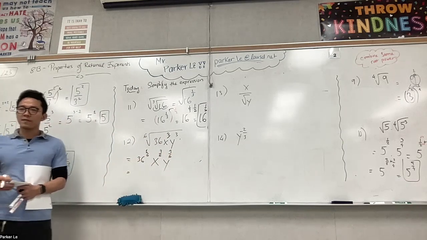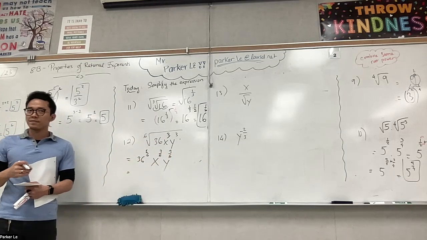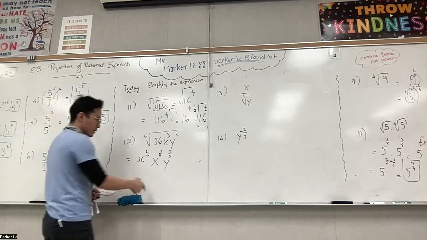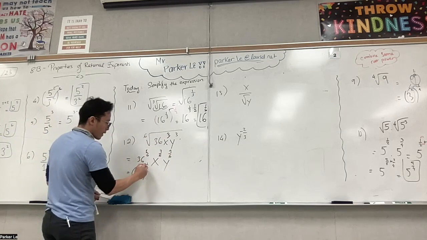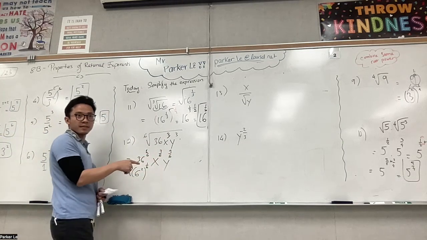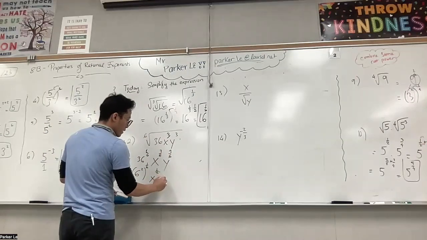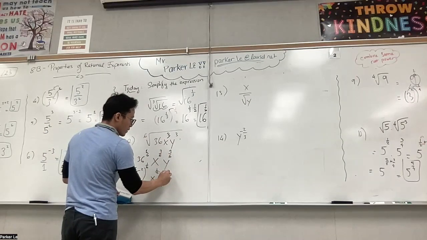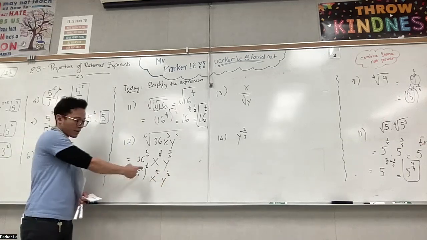Can you convert the 36? Do you think 36 can be converted? 6 squared, right? 36 is 6 squared. And what is 3/6? 1/2. And y is also 1/2. What can you do with the power of a power?